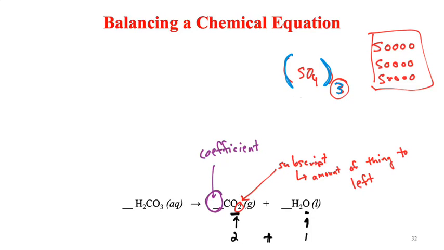There'd be 3 S's and 12 O's. Okay, so technically we don't write a 1, so it'd just be an implied 1, because if it was implied as a 0, why would we have written the symbol? Okay? So in this case, the sum of the coefficients is 3.